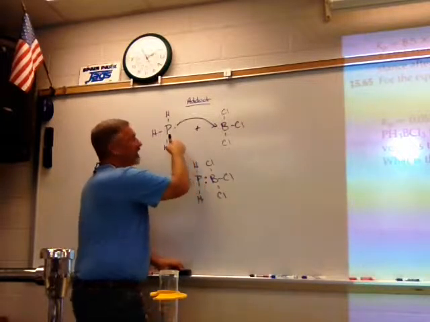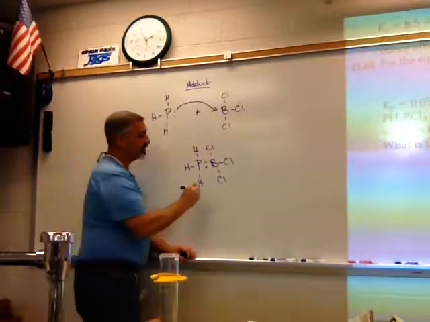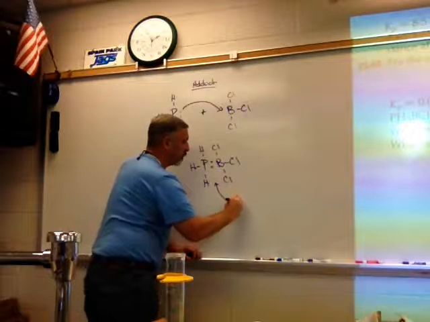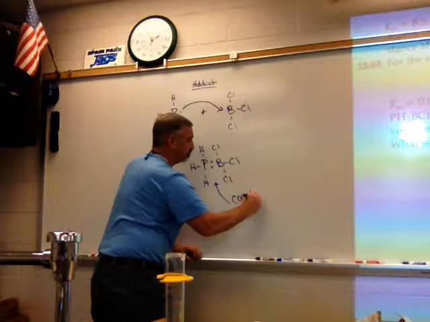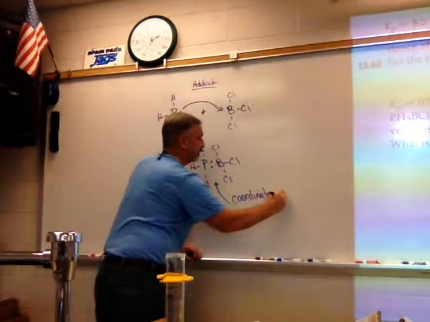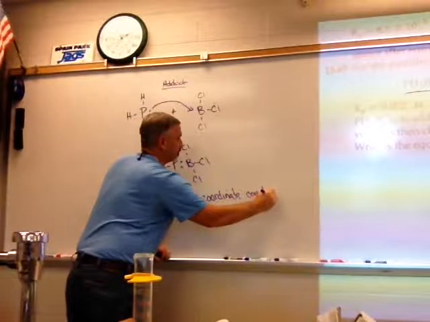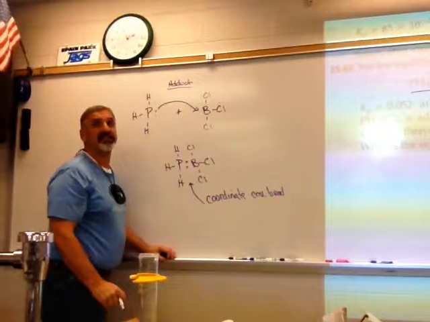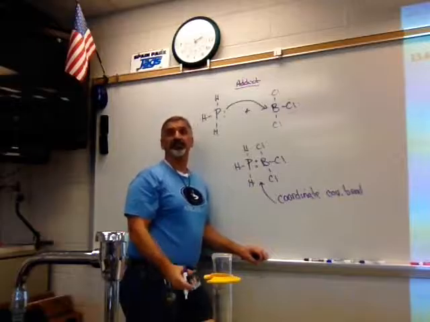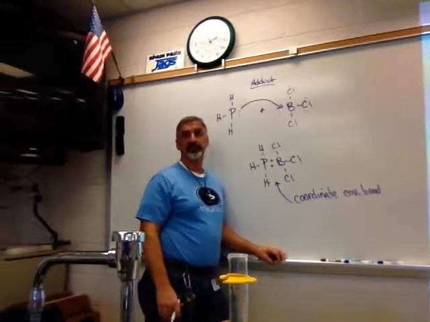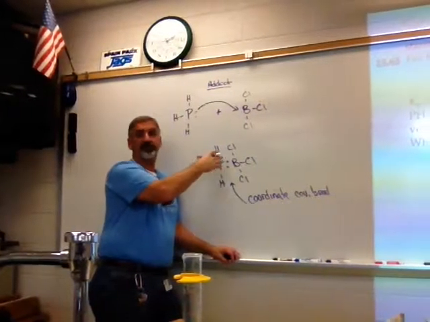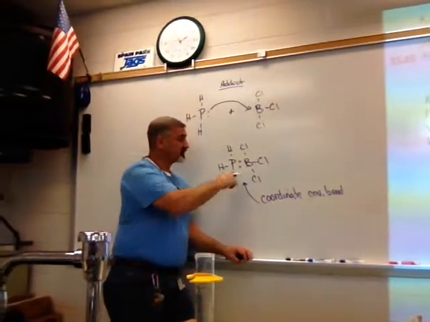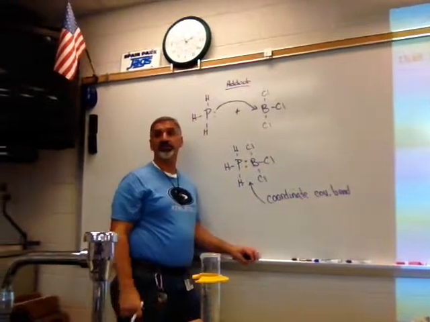Both of these electrons came from the phosphorus. So old school called that a coordinate covalent bond. Now, because an electron is an electron is an electron, all electrons are the same. Doesn't matter if it's a boron electron or a phosphorus electron. There's still just one pair of electrons between the two.